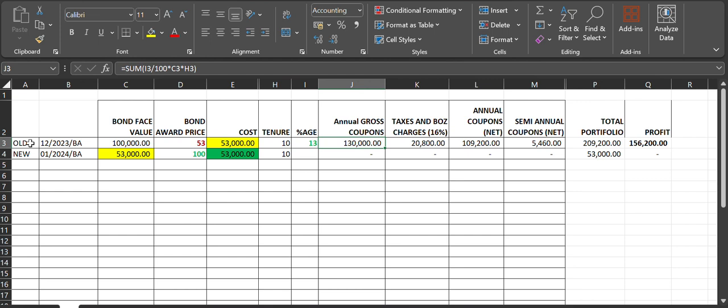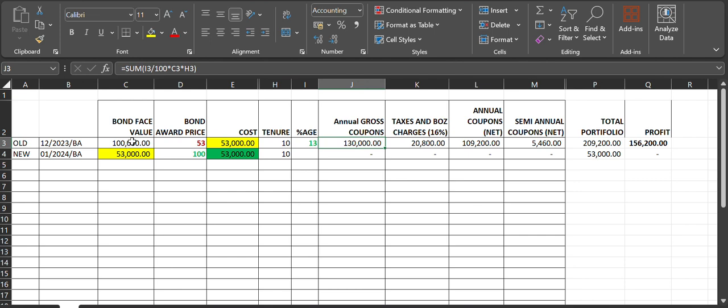For a 10-year bond, it ranged anywhere between 50 kwacha to 58 kwacha for most of the time. So for this particular example, I will peg the award price at 53 kwacha for calculation purposes.